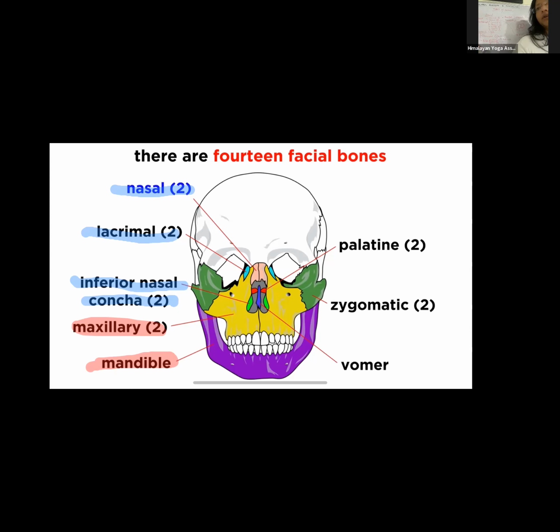Then we have vomer. This vomer is this blue on the tip of the nose. Then we have zygomatic in pair, this is where girls put their highlighter. And then we have palatine. Palatine is again on the nose, the red bones.